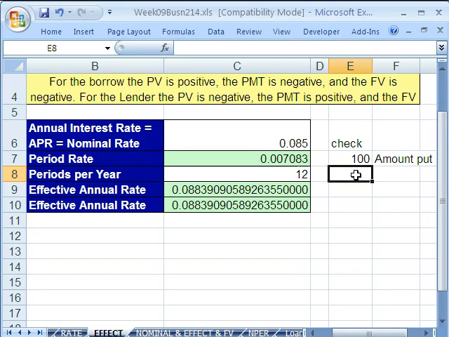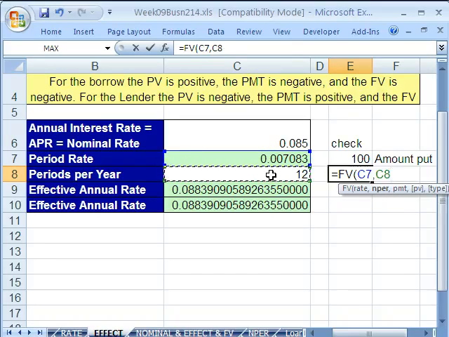I'd have to use my future value function, equals FV. The rate is going to be our period rate, comma, the NPER. This is only 1 year, so I'm going to use this one. Our payment, we don't have a payment, but we do, comma, have a present value. And that is our $100 right here.